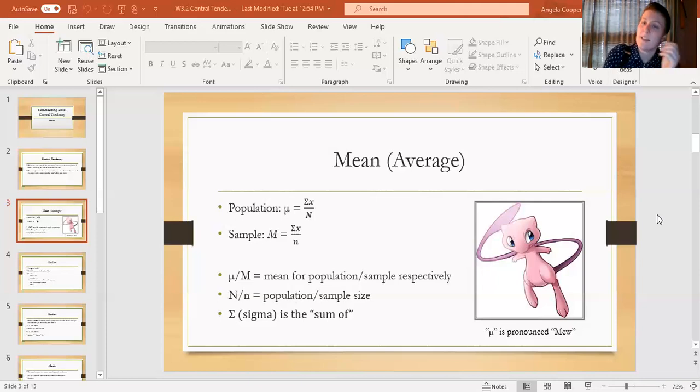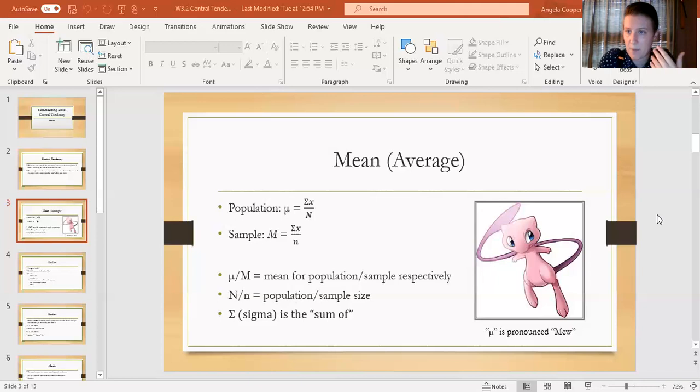The sample is pretty much the exact same thing, except the formula has different notations. Instead of mu being representative of the mean, like it is for population, it is now a capital M, or you might see X bar, X with a horizontal line across it.